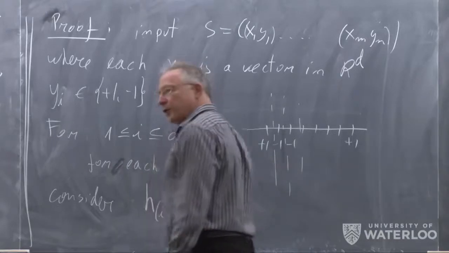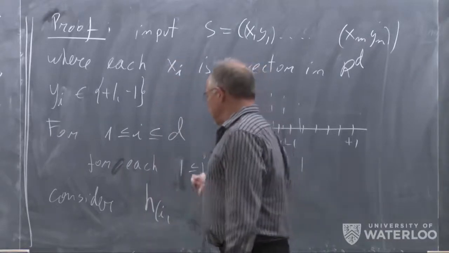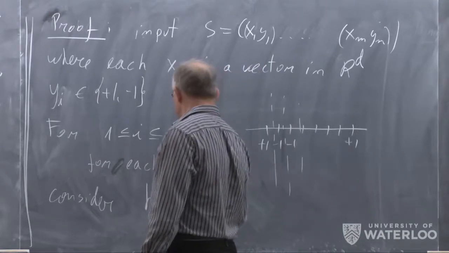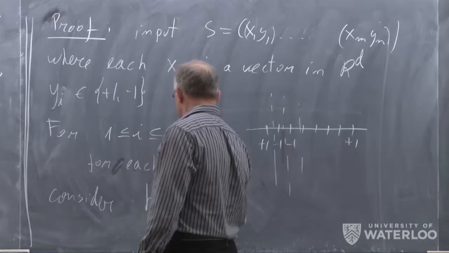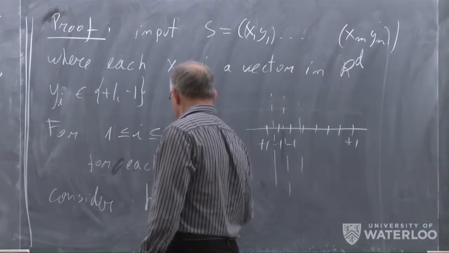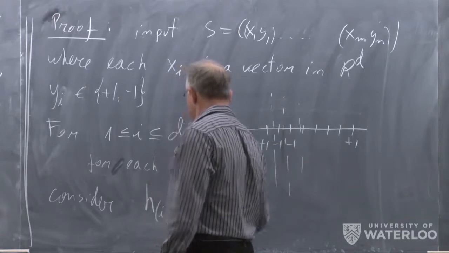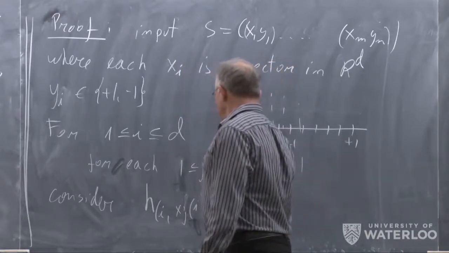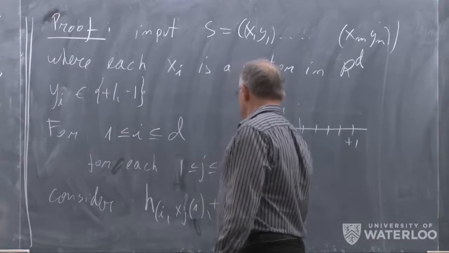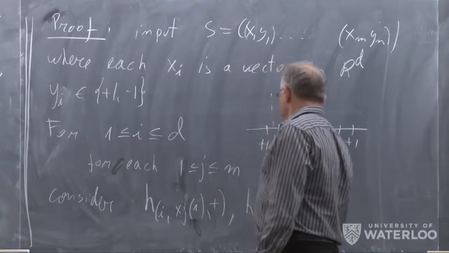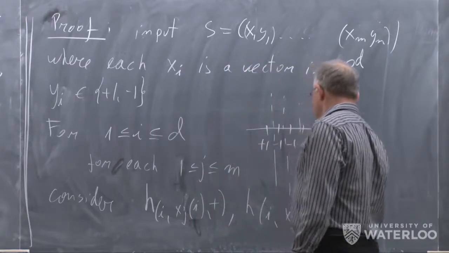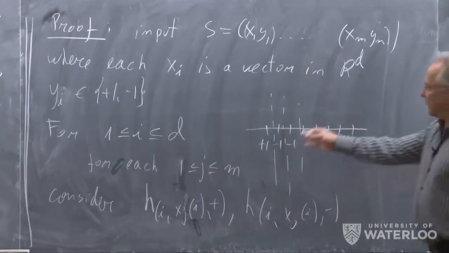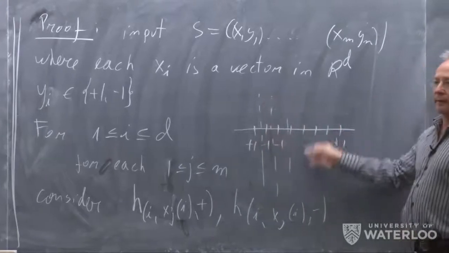As a threshold, I will take, say, the point x_j, its i-th coordinate. And I will consider plus 1, and the same thing, h_i with x_j's i-th coordinate, minus 1. So I will just consider cutting at these points.